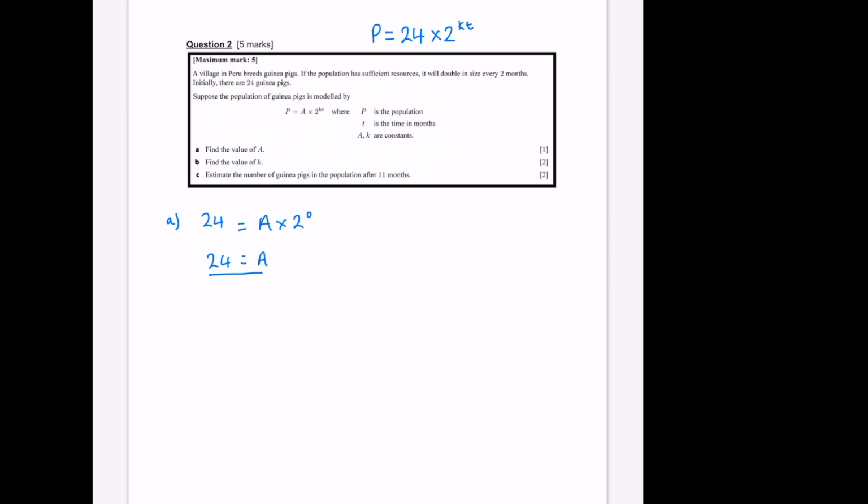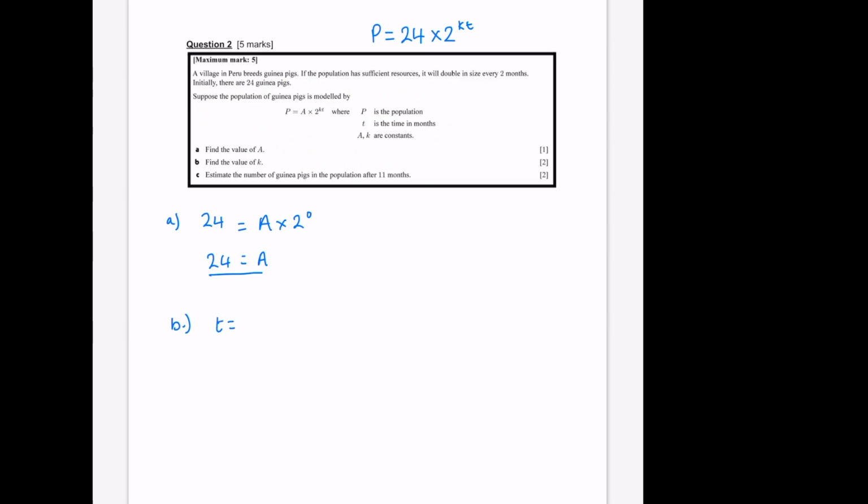So for part B, we're trying to find the value of k. Well, since we know that it doubles every 2 months, then that means that by the time t is 2, the population will be 48, double the 24 that we had originally. So let's substitute that in.